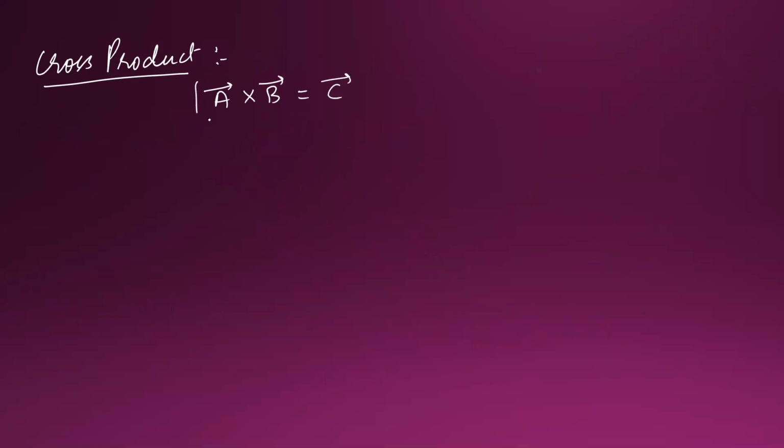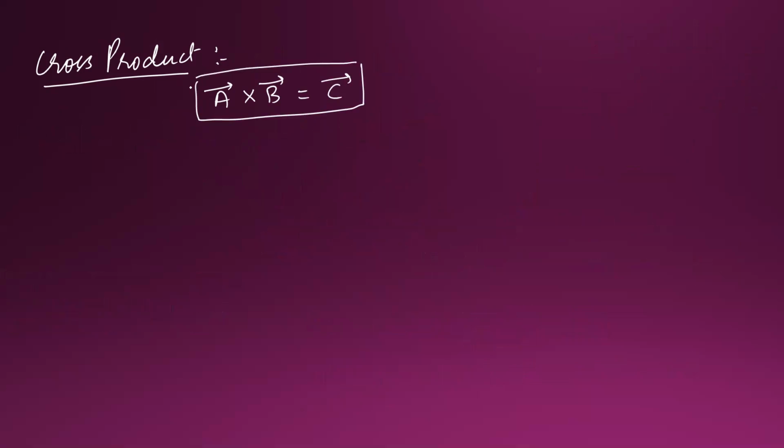Next is the cross product. How do we find the cross product and what is its importance? As we know, the dot product gives a scalar value, whereas the cross product gives another vector. If I multiply two vectors with the help of the cross product, there will be one vector, which is c vector.